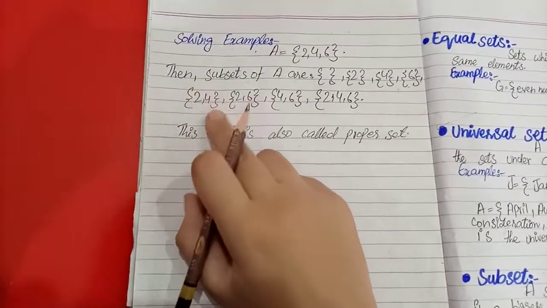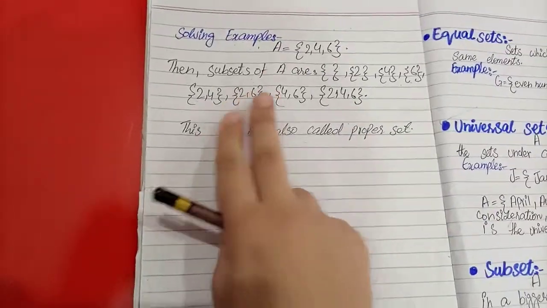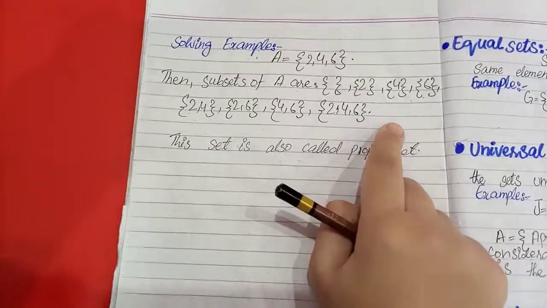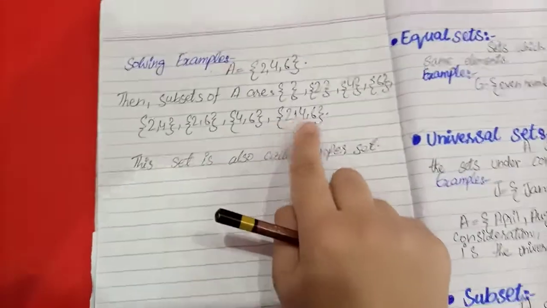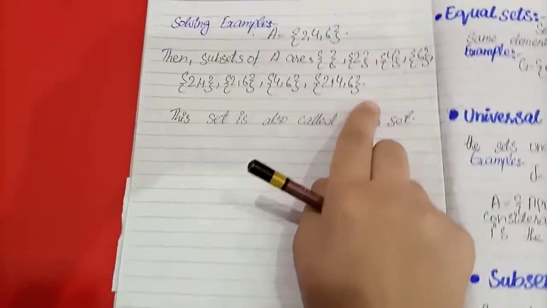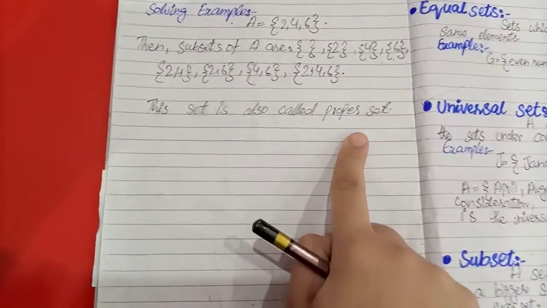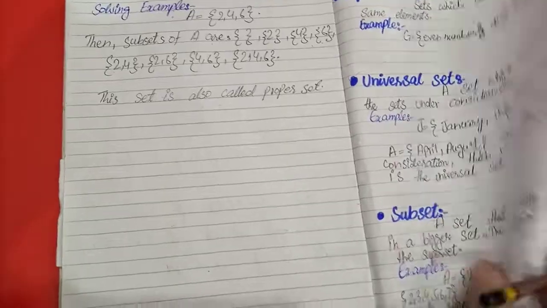Then {2, 4}, {2, 6}, {4, 6}, and then we write all the elements together. This set is also called a proper set. Subset is also called a proper set, and this is our subset.